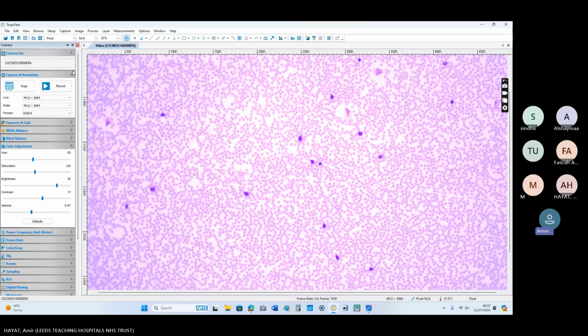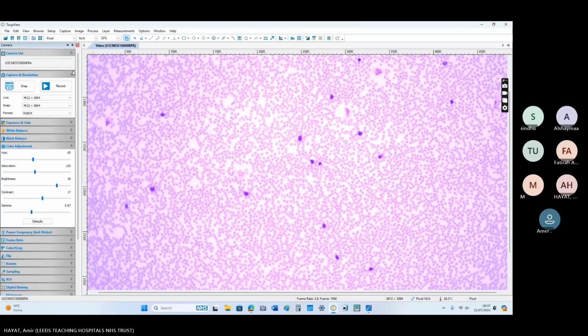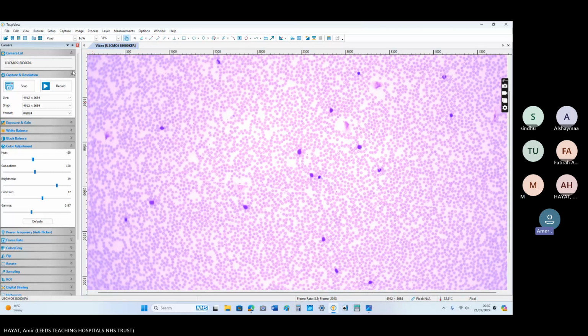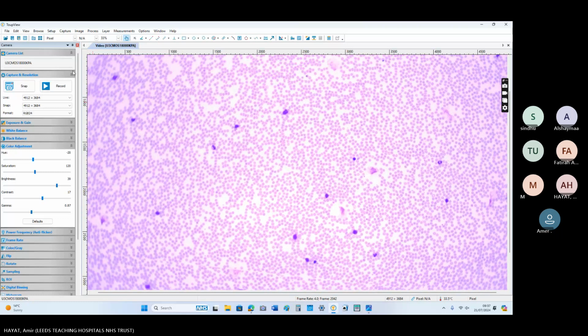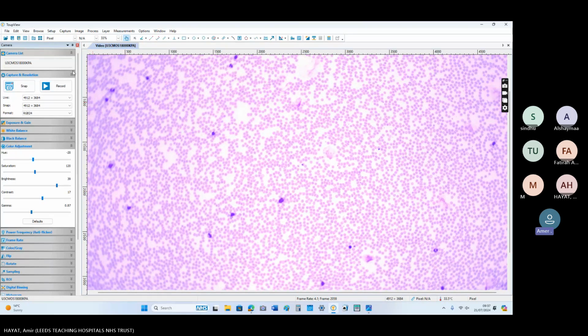So, anyone from the attendees who is volunteer to go for this case? I can try. Okay. So this is the power 10. I will go through the slide for a general view, and then I will go to the 50 slide.